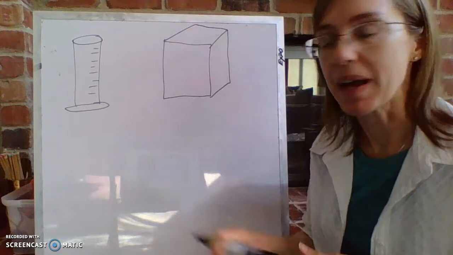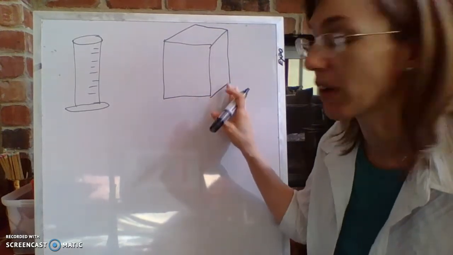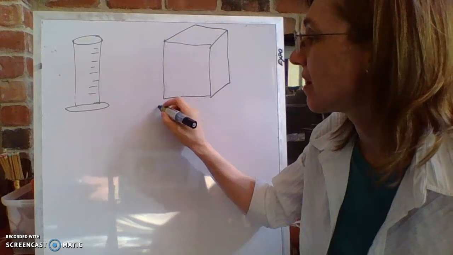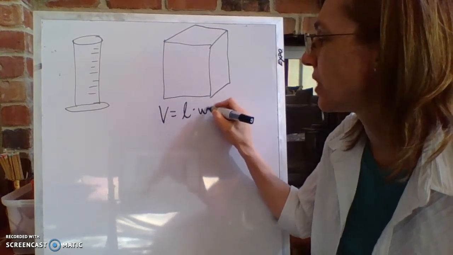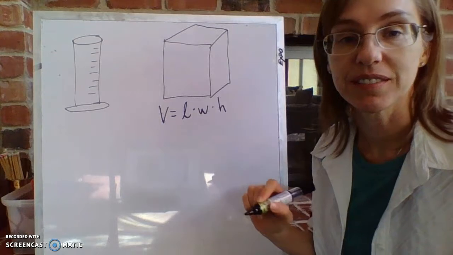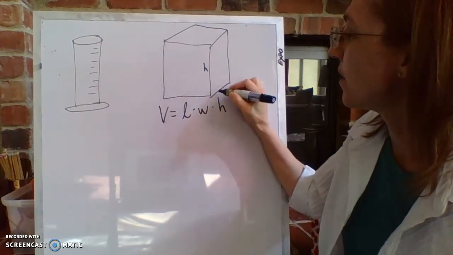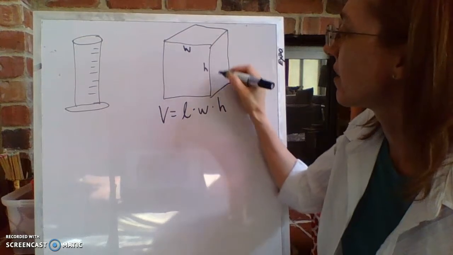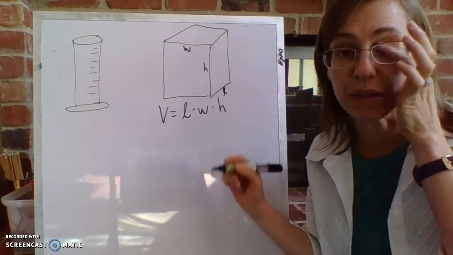However, do you remember back in math when you were doing the volume of a cube or a rectangular prism? There you learned that volume equals length times width times height, right? Where you have the height here, the width here, and the length there, the three different dimensions of the cube.